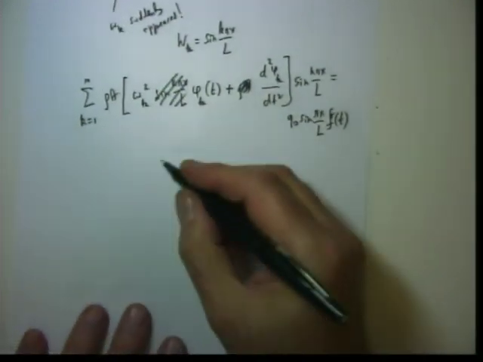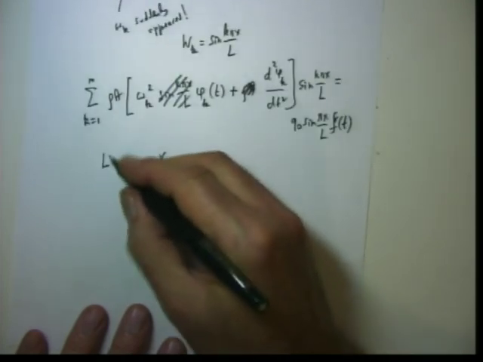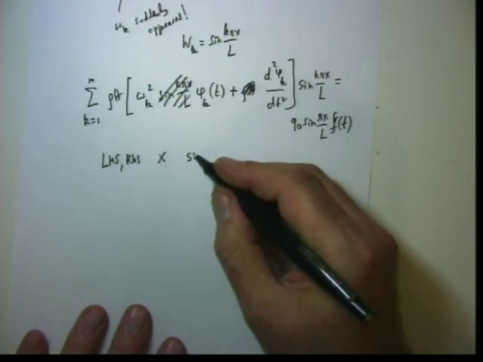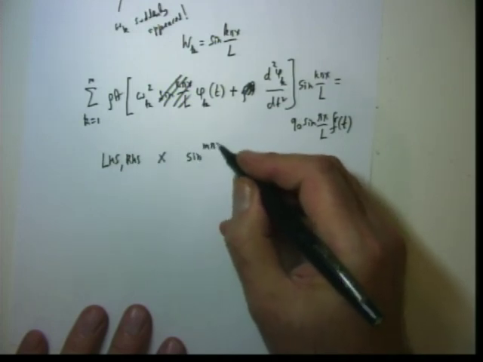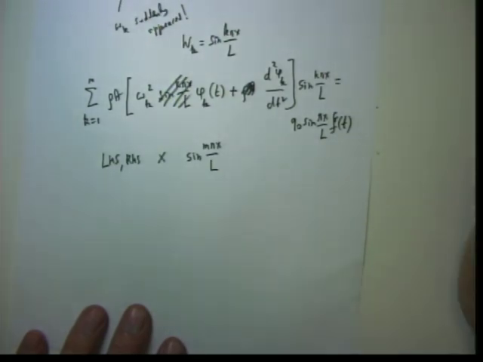Now I will multiply everything, left-hand side and right-hand side, by sine m pi x over L, where m is any number.